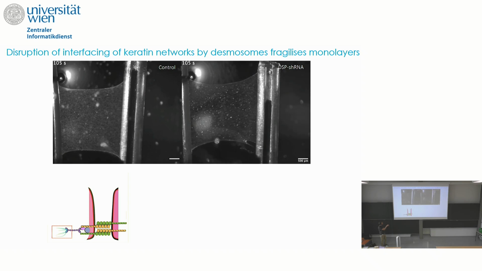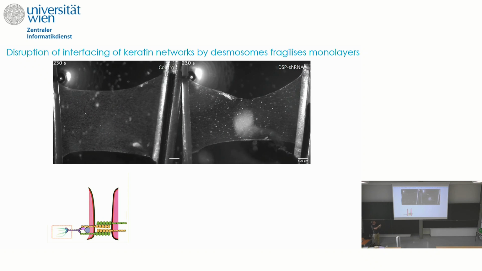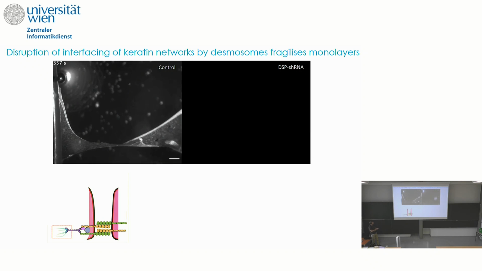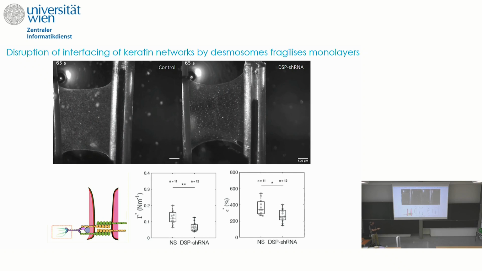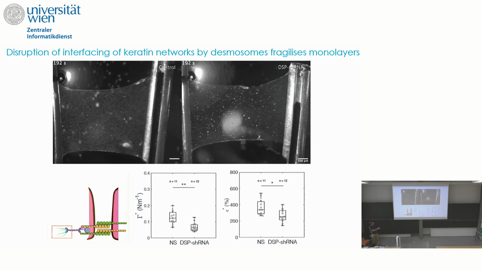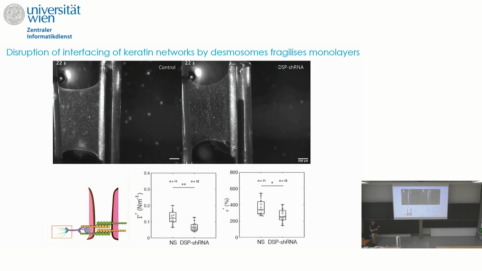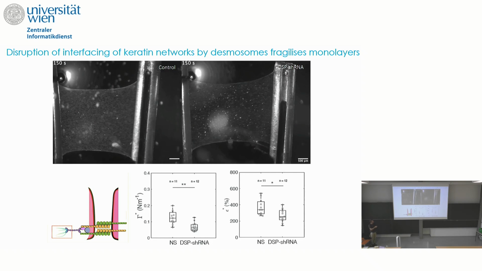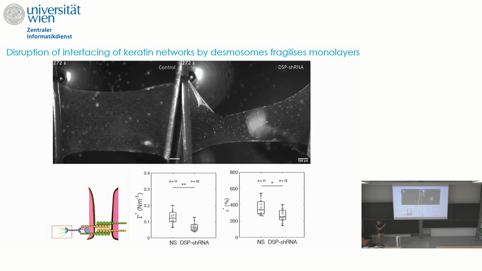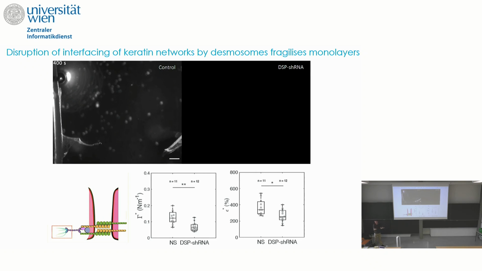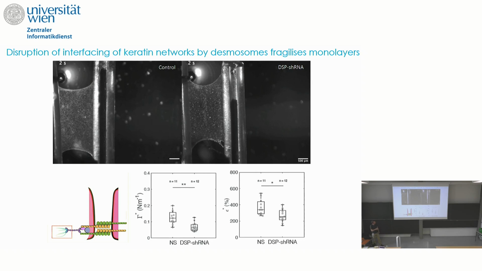The first crack appears a whole lot earlier in this tissue, and again, you can quantify this by looking at the rupture tension and the rupture strain. We have more fragile tissues. So whether we disrupt the filaments or their interfacing across cells, we get the same outcome.